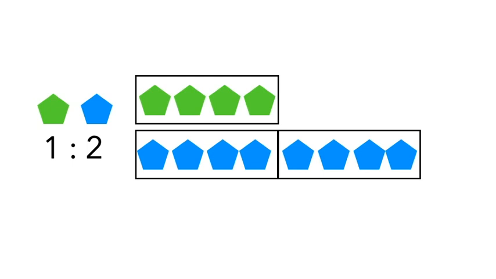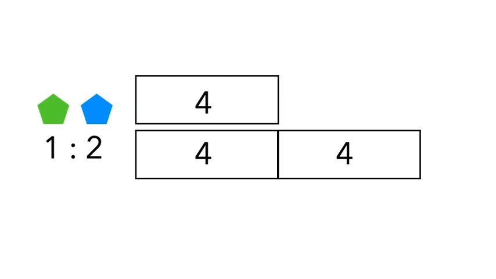But we could use the same ratio to make different total amounts of pentagons. So instead of 4, we could have 5, and that would give us 5 green and 10 blue, but they would still be in the ratio 1 to 2. We could have 10 in every part, and that would mean that we'd have 30 shapes altogether. 10 would be green, 20 would be blue, but still in the ratio 1 to 2.